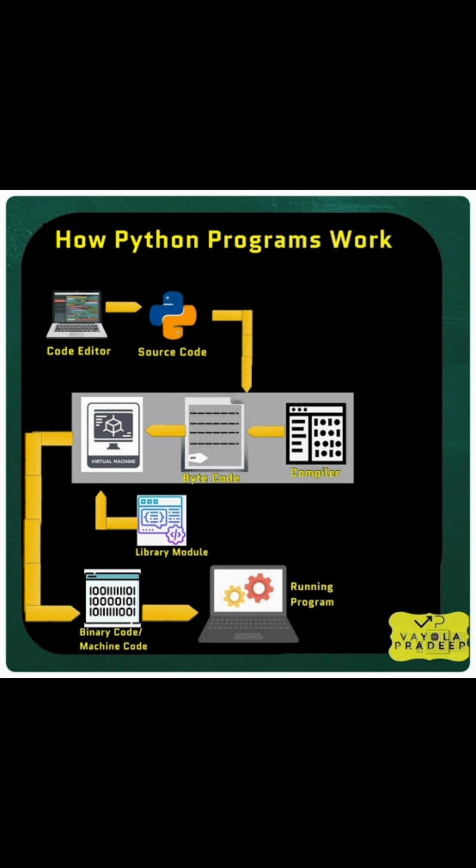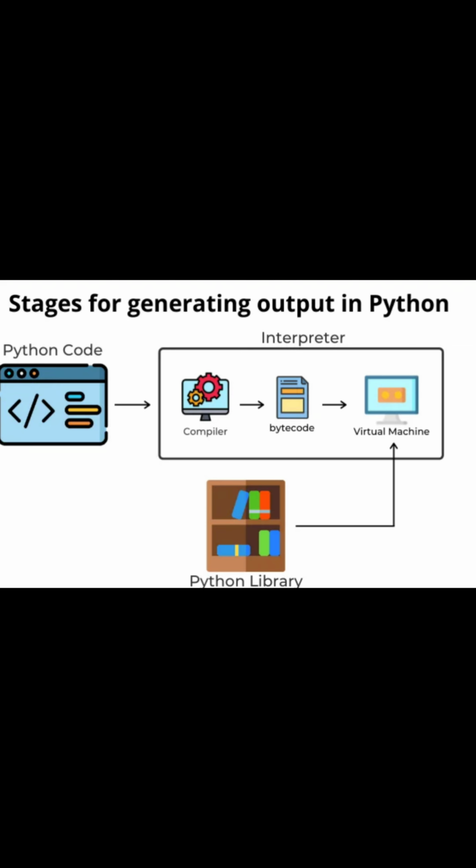Now the question is, why does the Python compiler create a file or folder and create the bytecode? Basically, it speeds up the program. When we are writing a program in VS Code, we can run it multiple times, right?